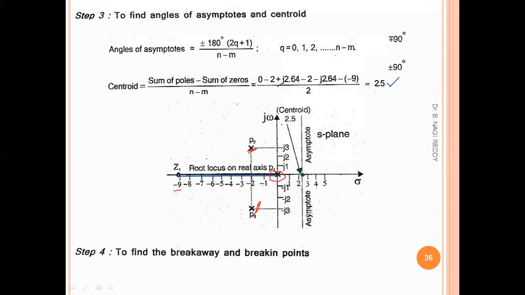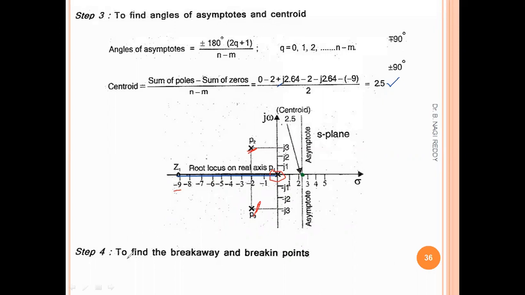So two angles have been drawn here. Right, so we have got the centroid and we have drawn the angles. This is our step number 3.